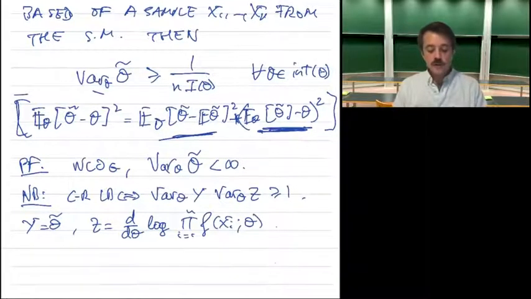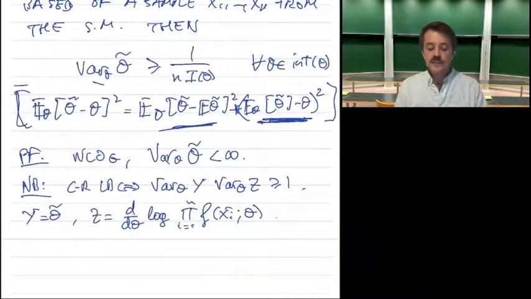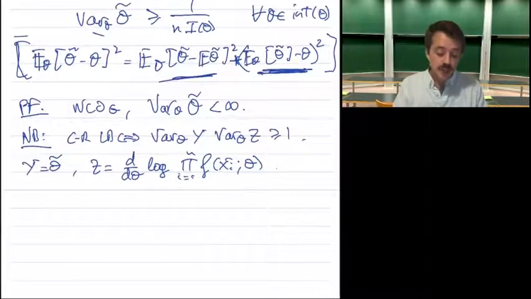And so what we want to show is that this product of variances is larger or equal to 1. Product of variances is something that we know comes from some sort of bound. If you have a covariance between two random variables, then the square of it is bounded by the product of the variances, or the covariance is bounded by the product of the standard deviations. This is simply a consequence of Cauchy-Schwarz.